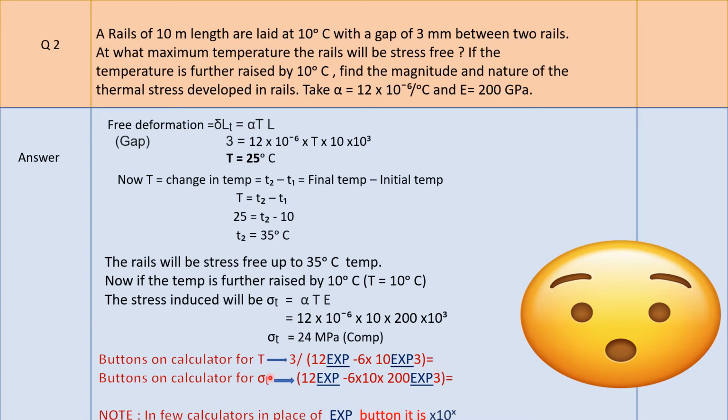So you get the answer, and for sigma T it is 12 exponential minus 6 into 10 into 200 exponential 3. So you get this answer 24, and here you get the answer 25. If you don't have the button exponential in your calculator, you will have it as into 10 raised to x. In a few calculators you have this button, so whenever I say exponential, you press the button into 10 raised to x.